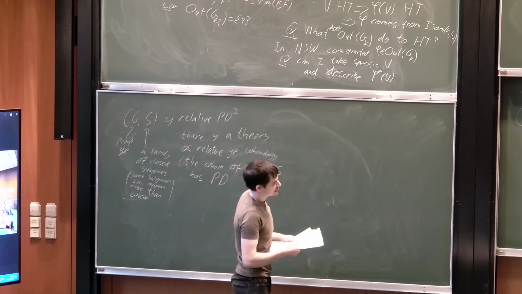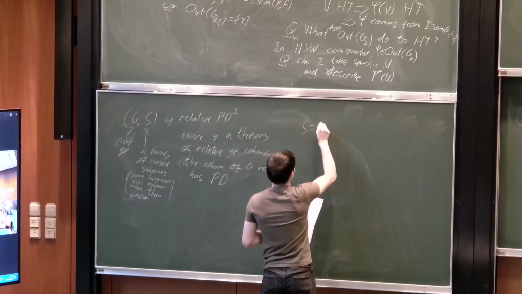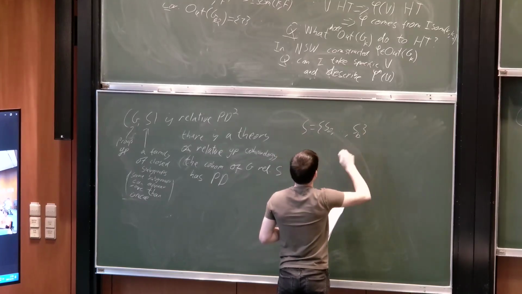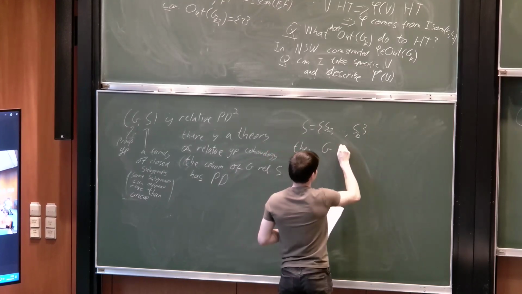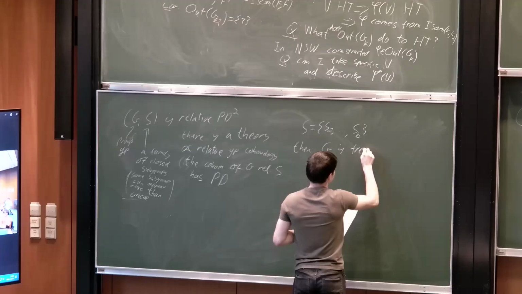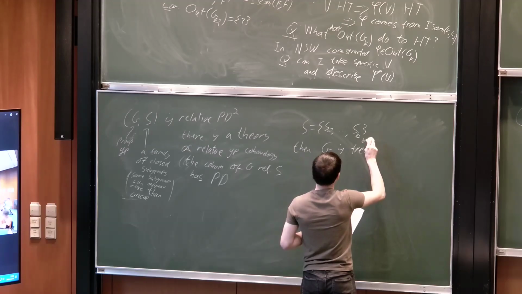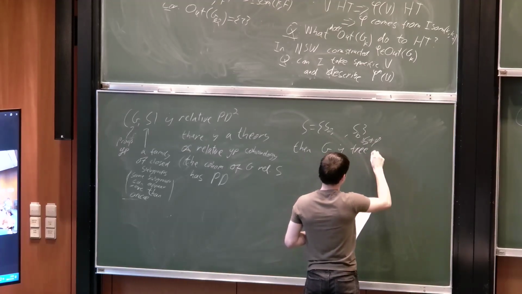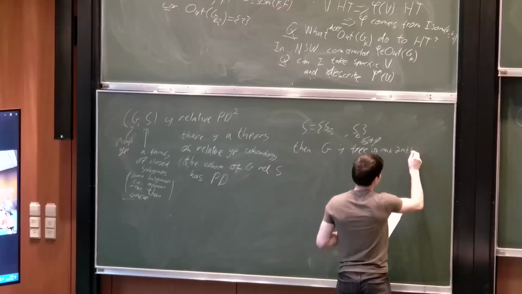And in the case of pro-p groups, the classification is: if S is equal to the family S_1 through S_B, and assuming S is non-empty, so there are actually boundaries, then G is free of rank 2n plus B.